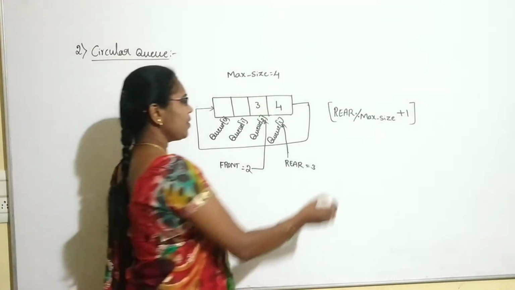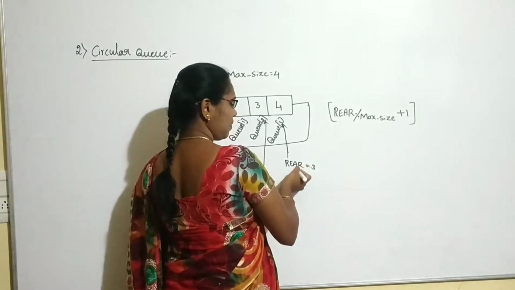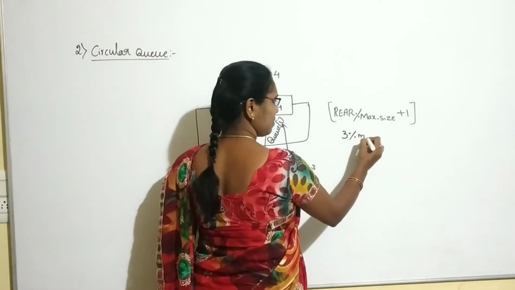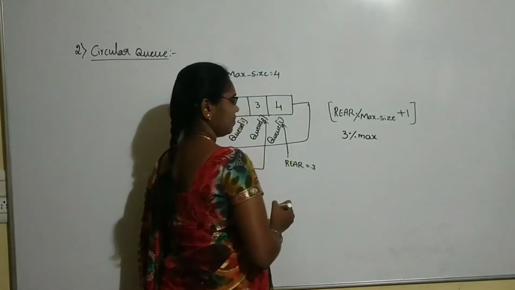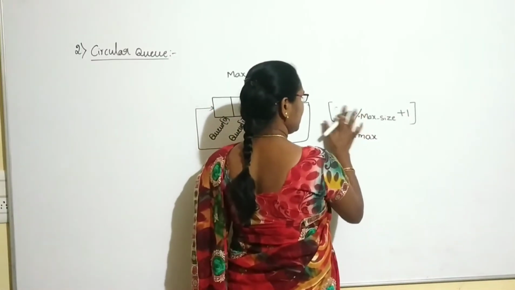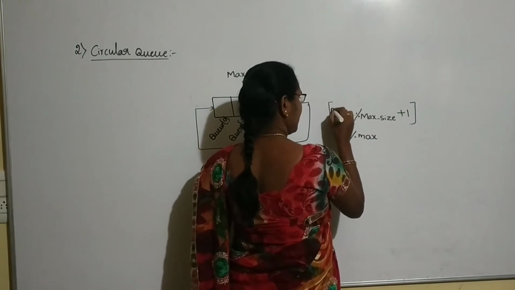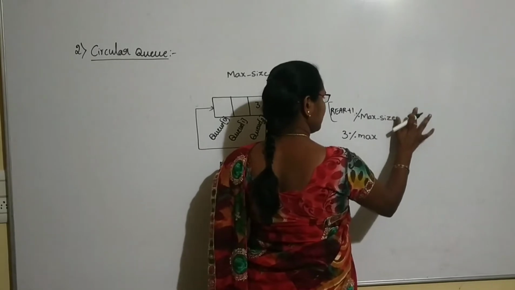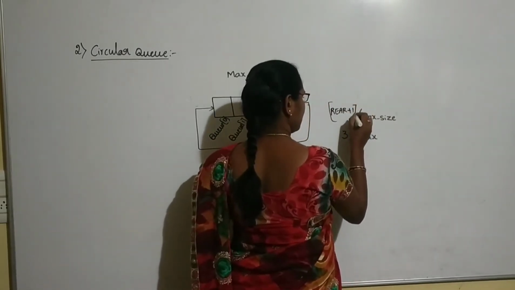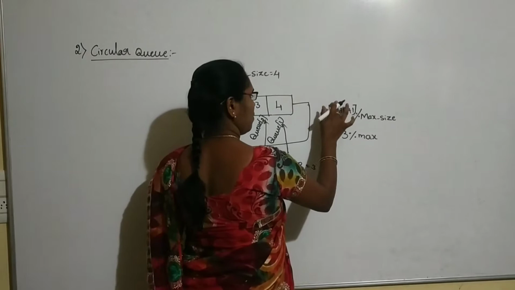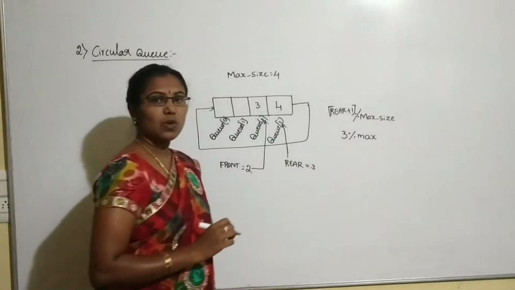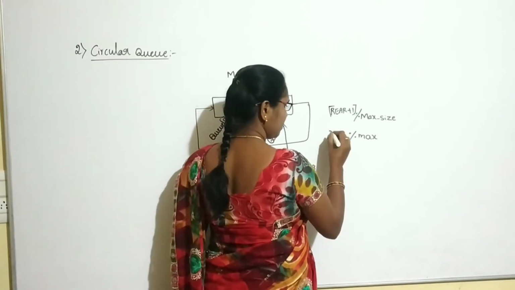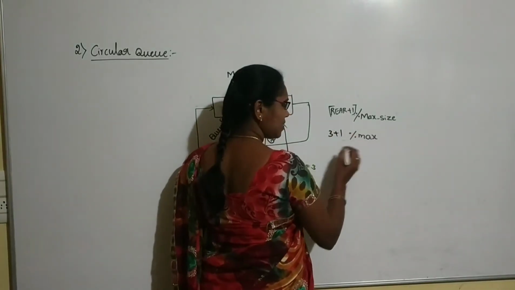What happens here? What is the rear value? Now the rear value is 3. Sorry, here we are using rear plus 1 modulus max size. The rear value is 3, so 3 plus 1 modulus max size.